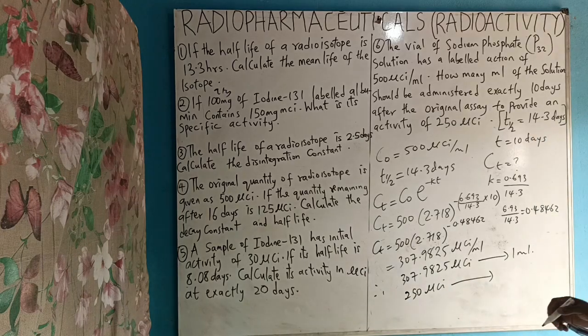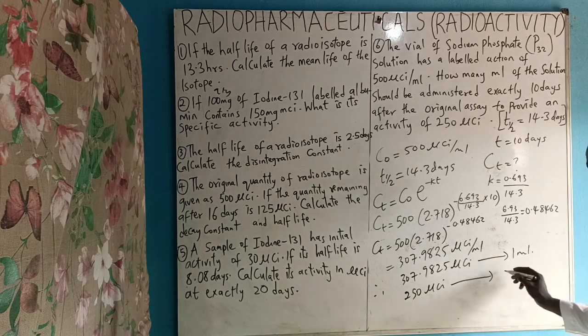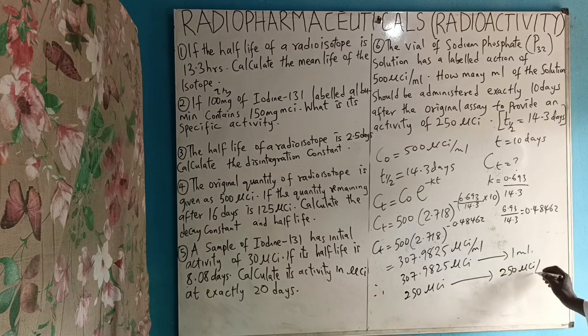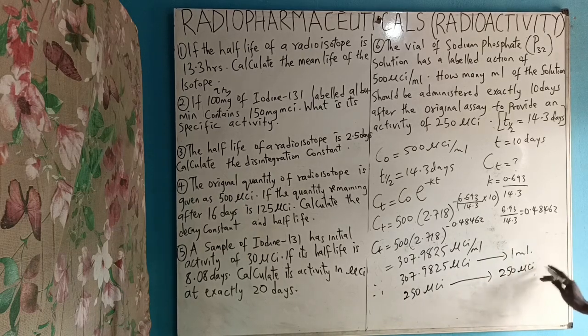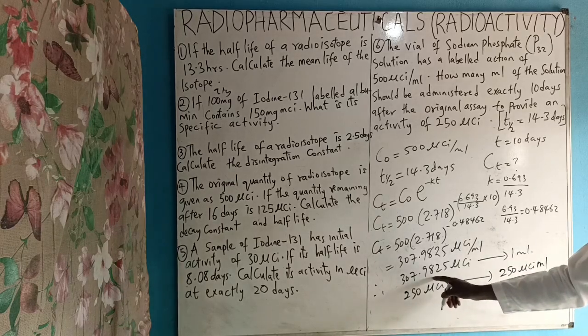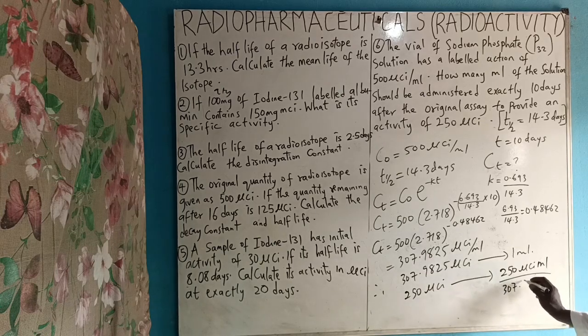If you approximate this, you will have 250 microcurie times 1 ml all over about 307.983.